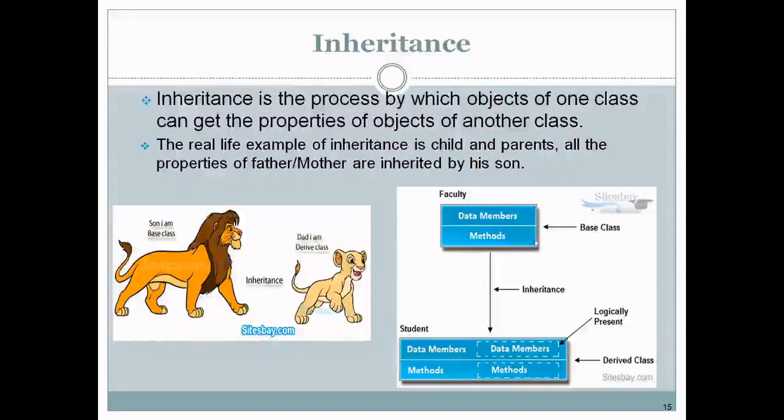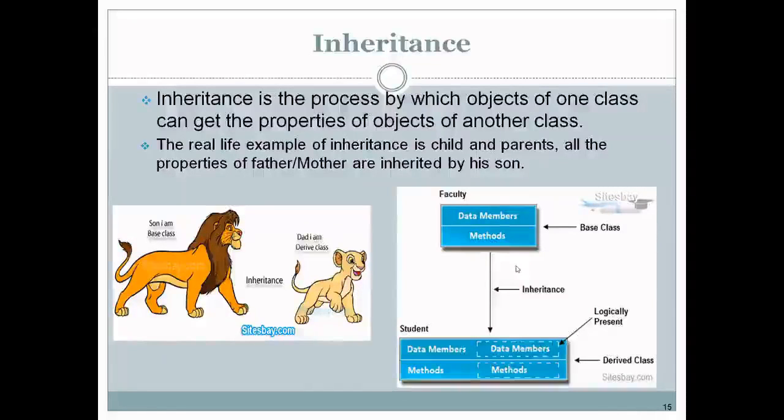And the class from which we are getting the properties is called as base class, and the class into which we are getting those properties is called as derived class. And this inheritance provides reusability of data and methods. So this is about inheritance.